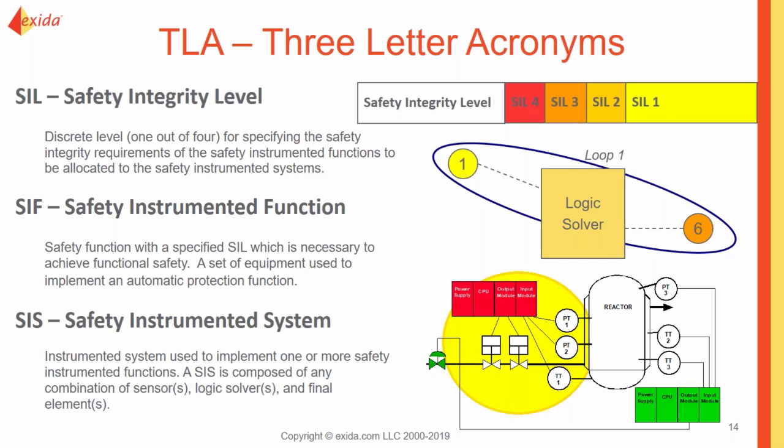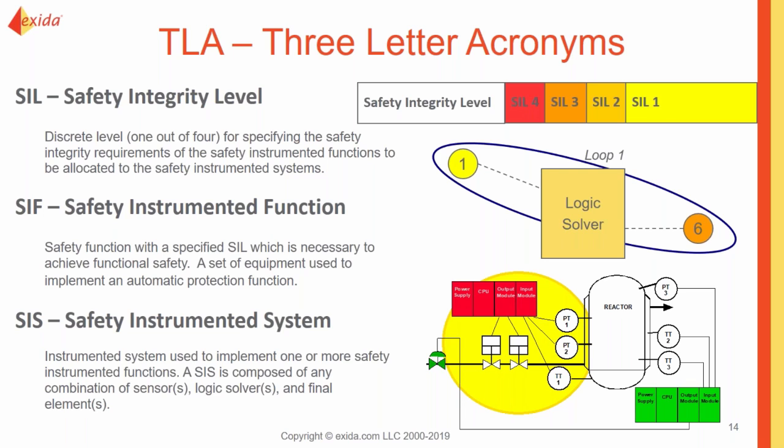Whereas your SIF is only a single set of equipment doing a single action to prevent a single hazard. So your SIS can have a bunch of different SIFs compiled. Your SIS could have one SIF, it could have 5 SIFs all put together.